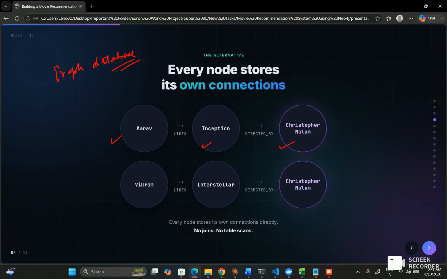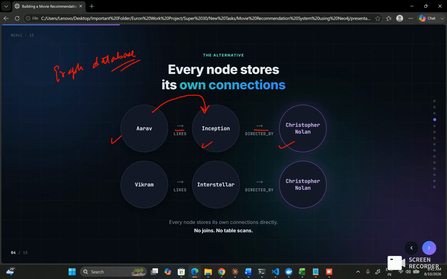Every record, called a node, stores direct connections to whatever it's related to. Hopping from a user to their liked movies isn't searching through a table. It is just following these links, over here. That's the entire reason this project is built on Neo4j instead of Postgres.